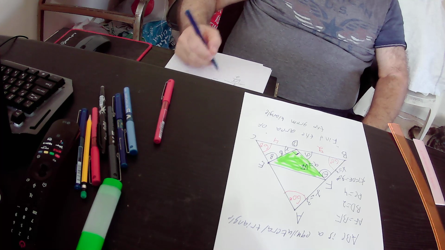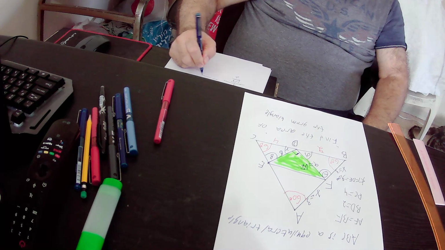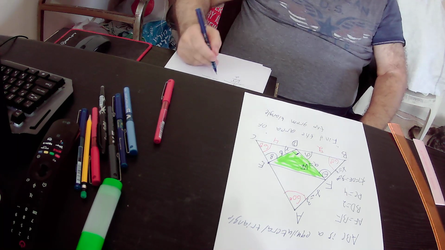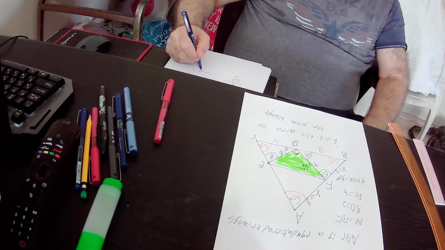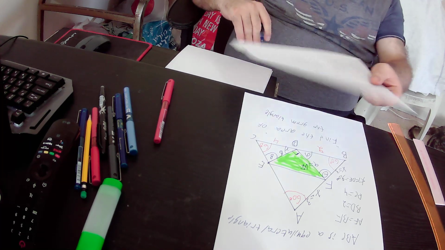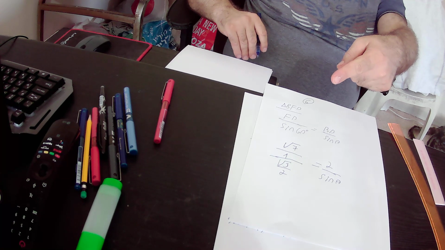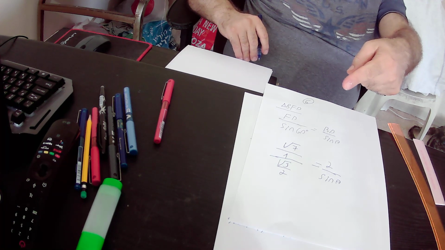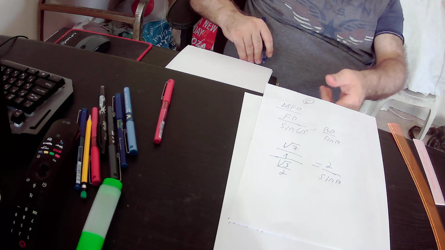And BD equals 2 units, and sinus theta is sinus theta. Okay, we'll find out the value of sinus theta by this equality. So we got that the root of 7 over root of 3 over 2 equals 2 over sinus theta.